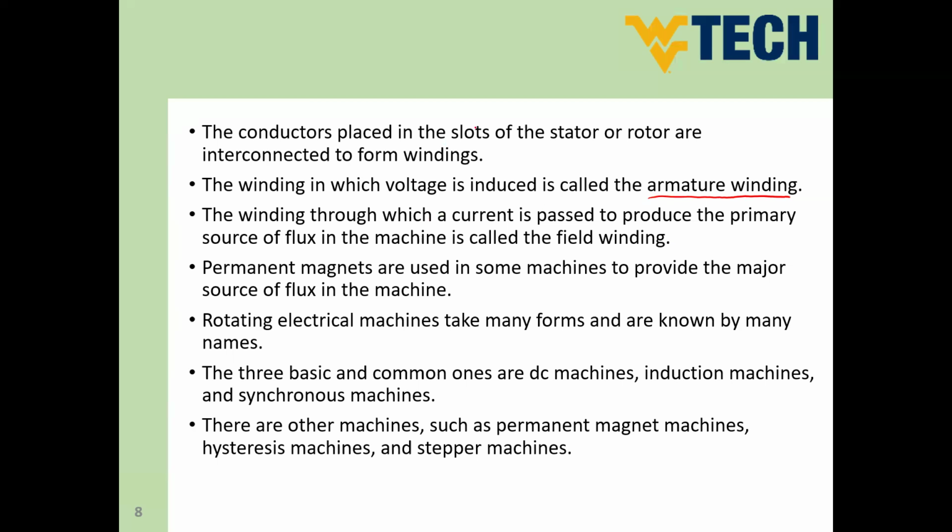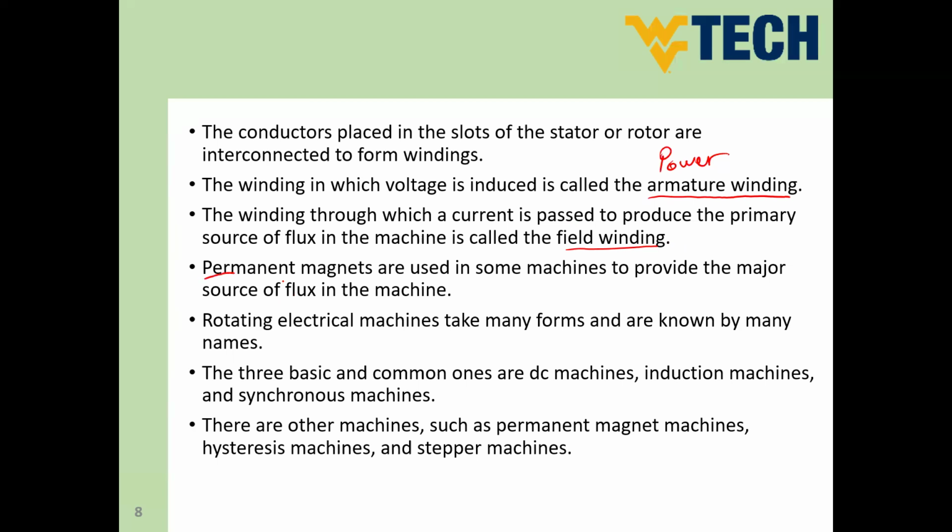The winding through which a current is passed to produce the primary source of flux in the machine is called the field winding. So as we mentioned, now we have the armature winding, which is responsible for the power, and the other winding will be responsible for creating the magnetic field in our machine. Sometimes we may not have this type of field winding, but we should provide another source of magnetic field, which is going to be a permanent magnet.